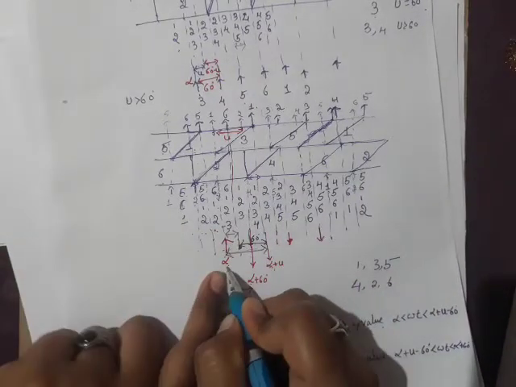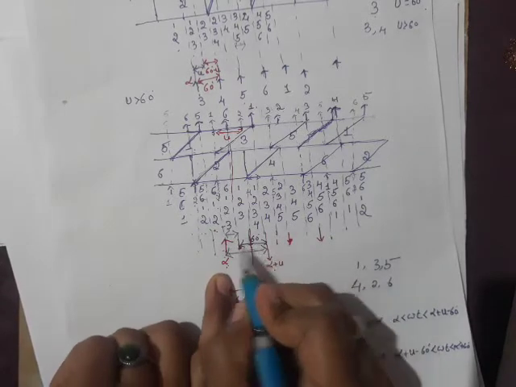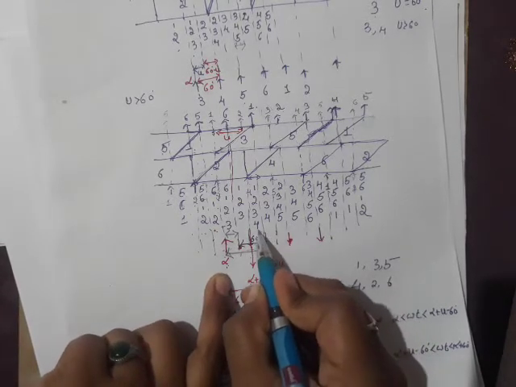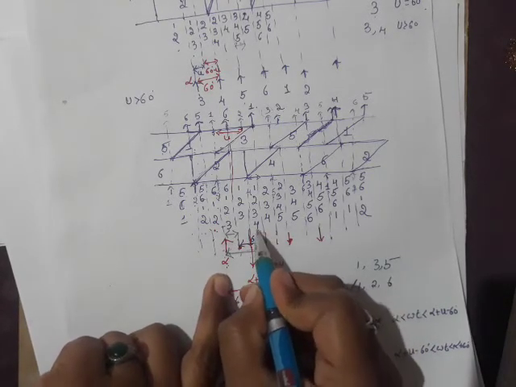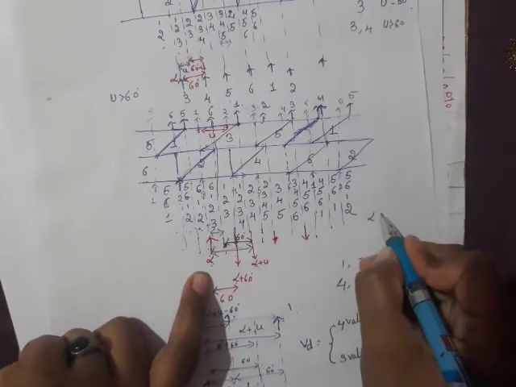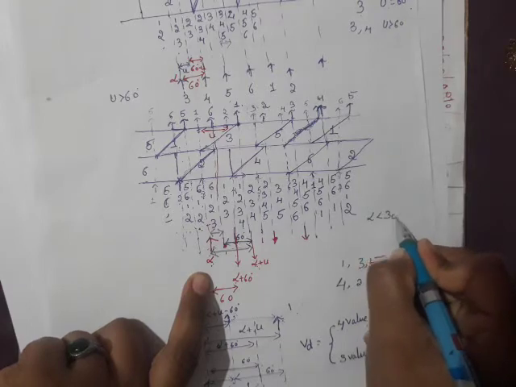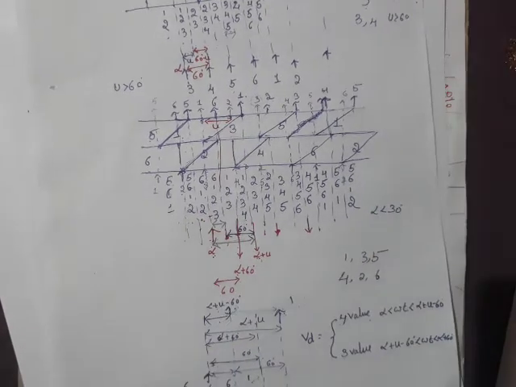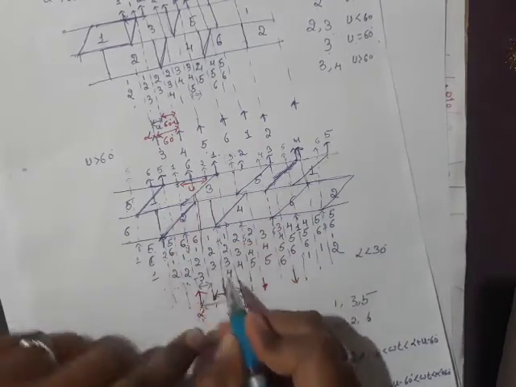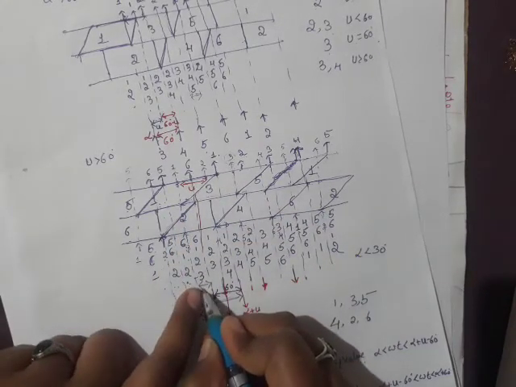So what we can do, if we are triggering valve number 3 at this point, the next valve coming to conduction is valve number 4. And when we trigger valve number 4, alpha should not be less than 30 degree. What happens if it is less than 30 degree? See here, you are triggering valve number 3.